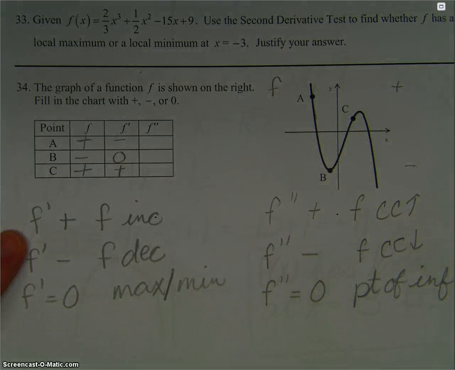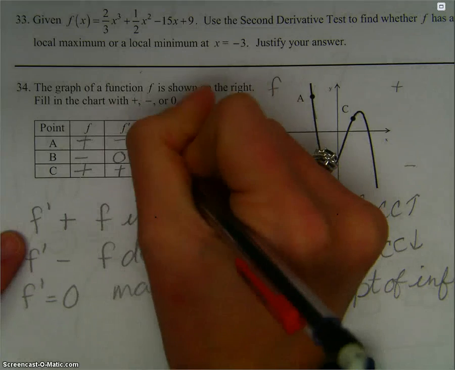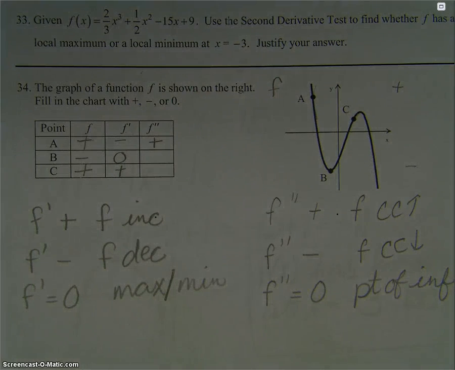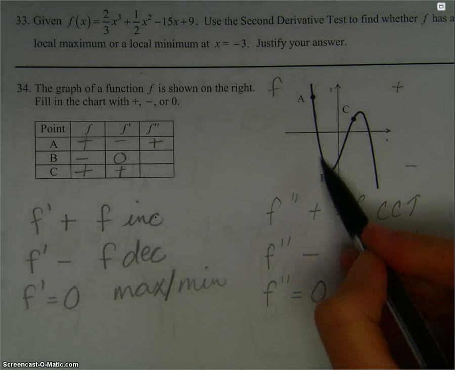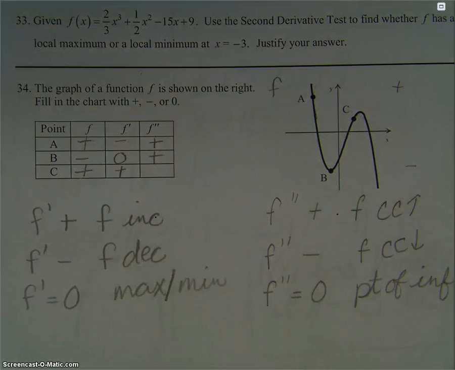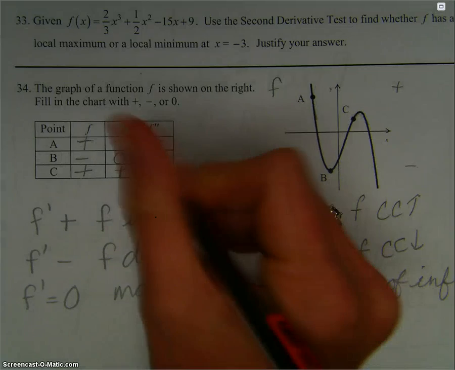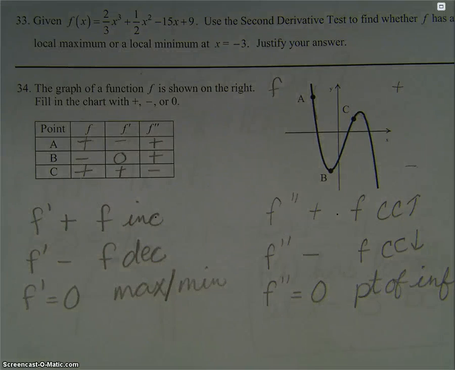Okay, so A is a part of this piece right here, so that's going to be concave up, so A is positive. All right, B is a part of this piece right here, so that is also concave up, so that is also going to be positive. And C is a part of this piece over here, which is concave down, and so C, the second derivative, would be negative.